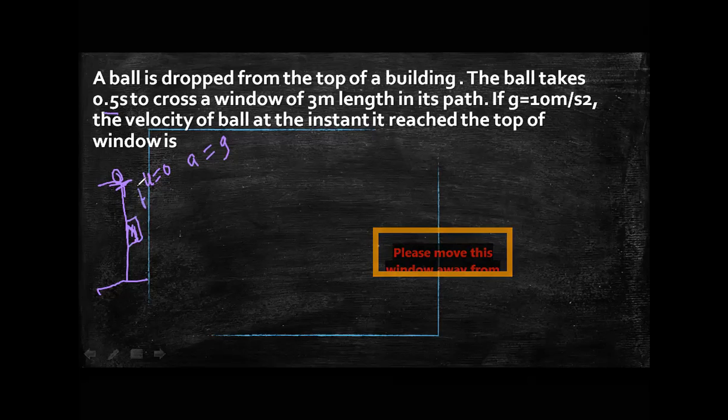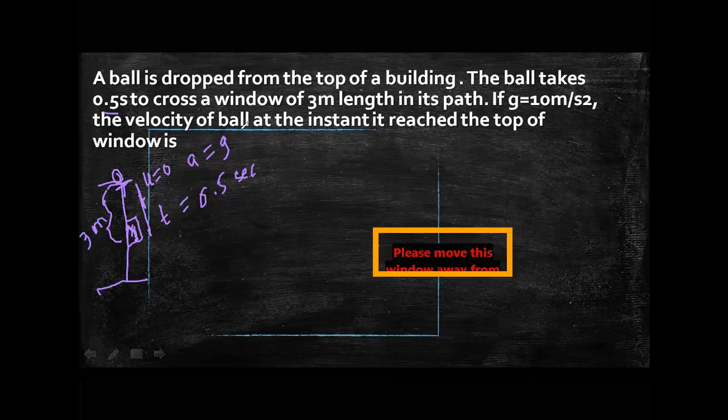So the time is how much, from here to here? t is equal to 0.5 seconds. What is the distance it travels? 3 meters.